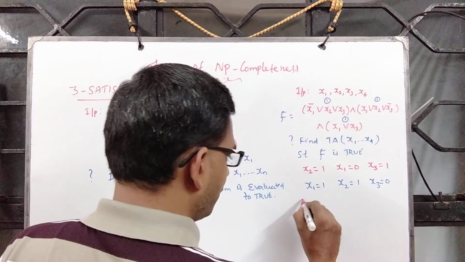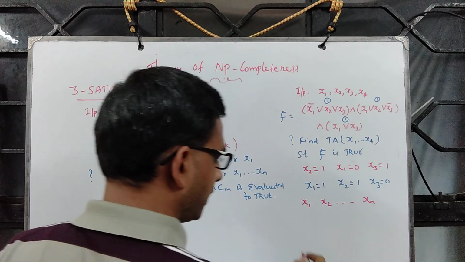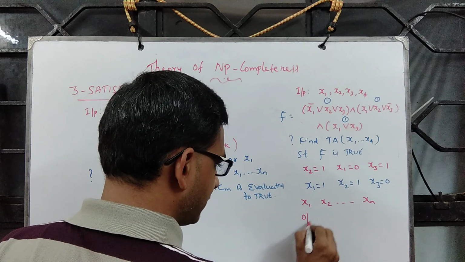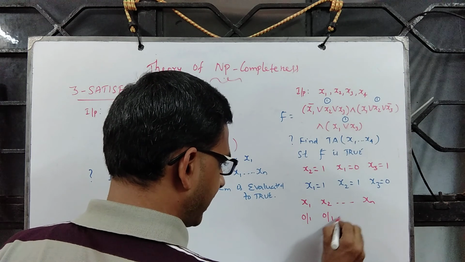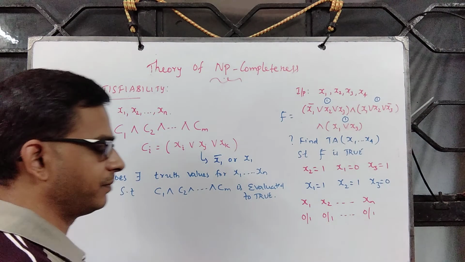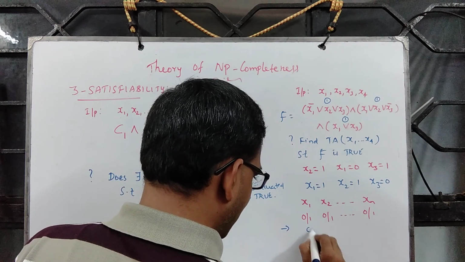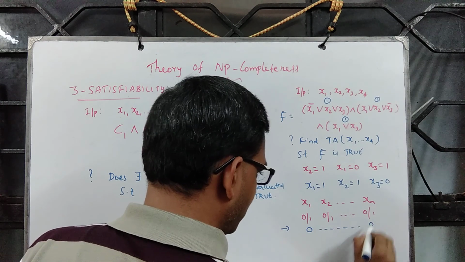Intuitively, you have x1, x2, and so on up to xn. This variable can take 0 or 1. This variable can take 0 or 1. So on up to this variable can take 0 or 1. Which means one possibility is that all of them are 0.